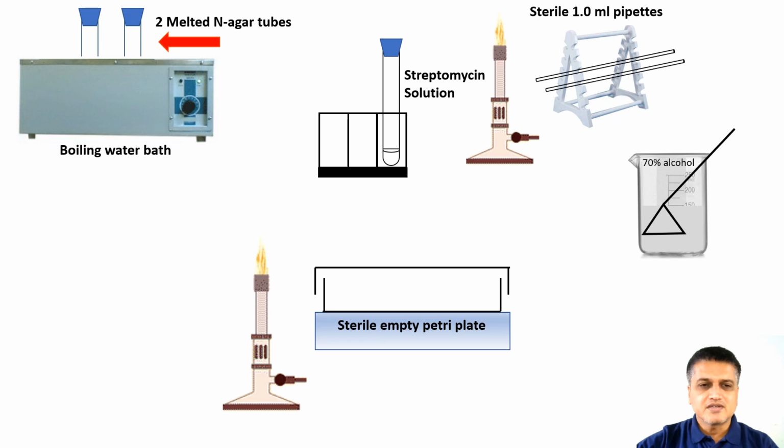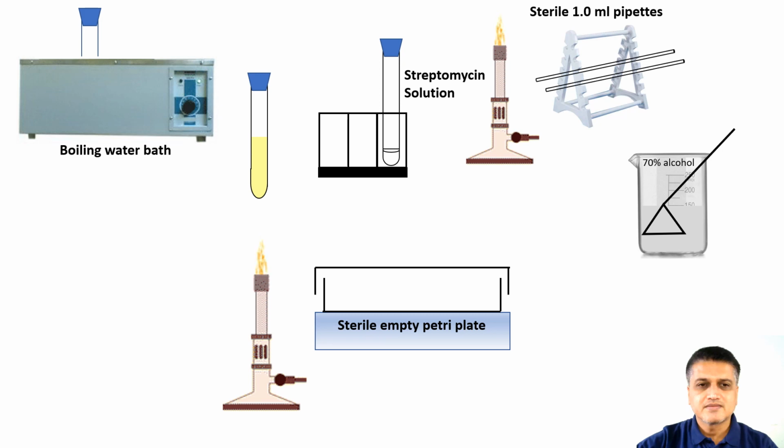First, take 1 tube of sterile 10 ml melted nutrient agar from boiling water bath. Allow the tube to cool down up to 50 degrees Celsius. Open the melted nutrient agar tube. Sterilize the mouth of the tube by keeping it in burner's flame for few seconds.